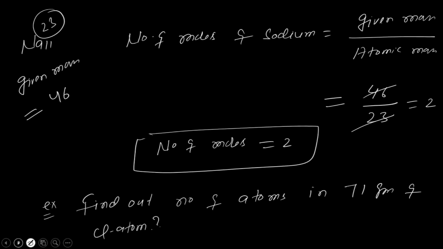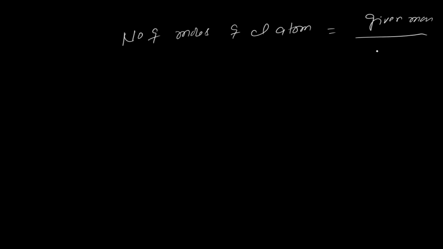In this question, the chlorine atomic number is 17 and atomic mass is 35.5. First we have to find out the number of moles of chlorine atom, which is equal to given mass upon atomic mass.